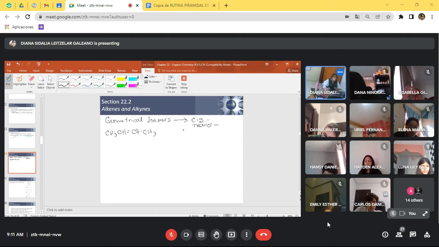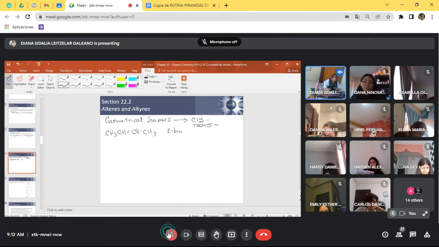What's the name? Butene. Two butene. It has to be 2-butene, indicating where the double bond starts.